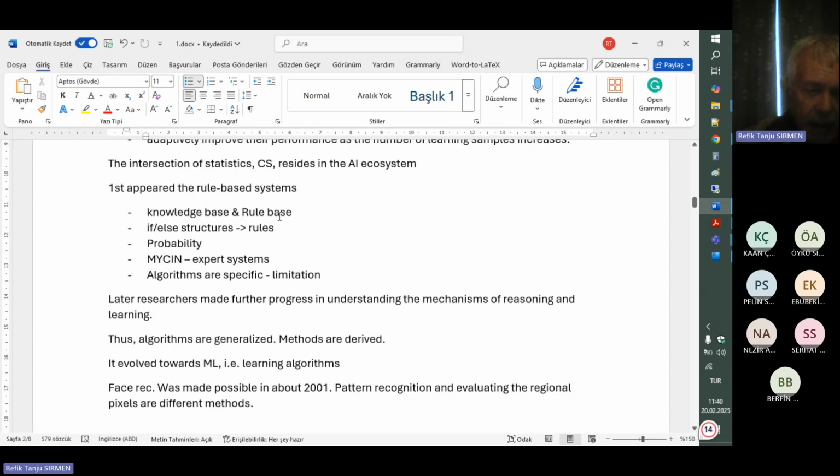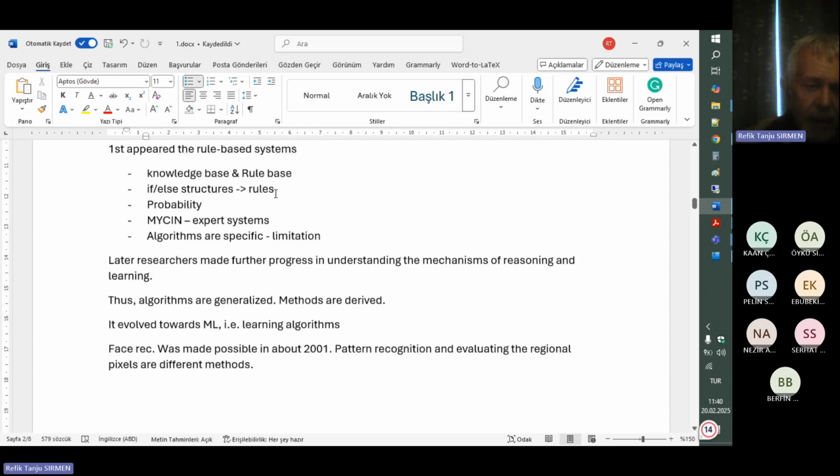Here in these rule-based systems, we develop algorithms, but these algorithms are specific for some specific jobs. I mean, we just pick up some particular business, let's say consulting the doctors to decide about the disease of patients, etc.